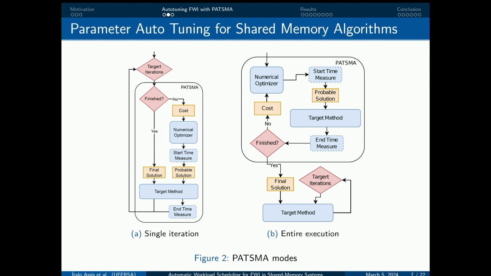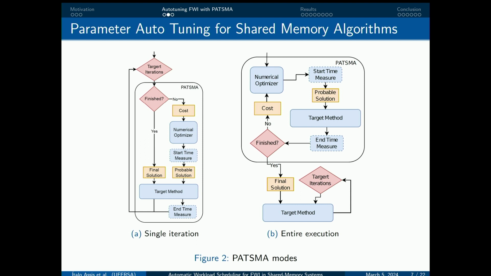So Patma has two operation modes. Both of them run at execution time. In the single iteration mode, the optimization goes along with the process of your algorithm. For each iteration of the algorithm, the optimizer will generate a solution and test it until it converges to a final solution.